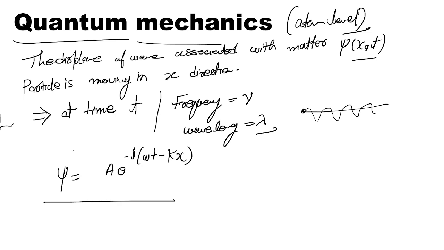So this is the wave function for a particle moving along the x direction, where frequency and wavelength are already given. So psi of x, t is equal to A e to the power minus I, where I means iota, omega t minus kx.